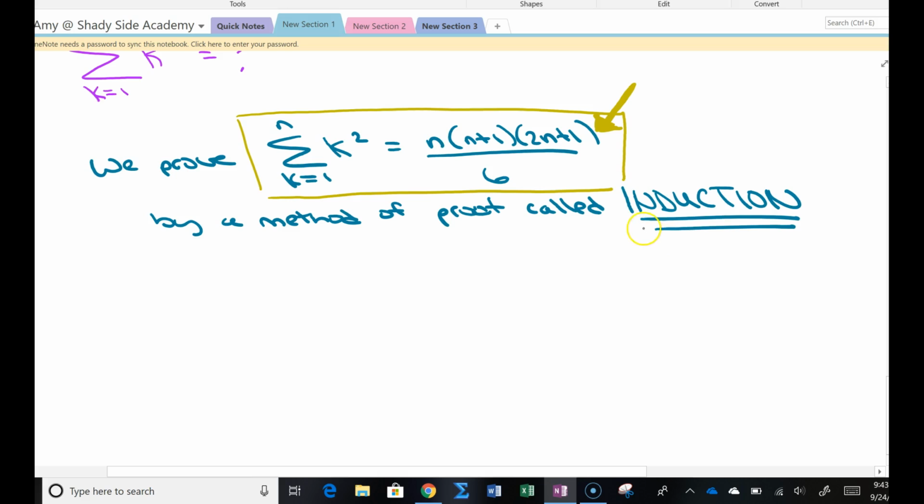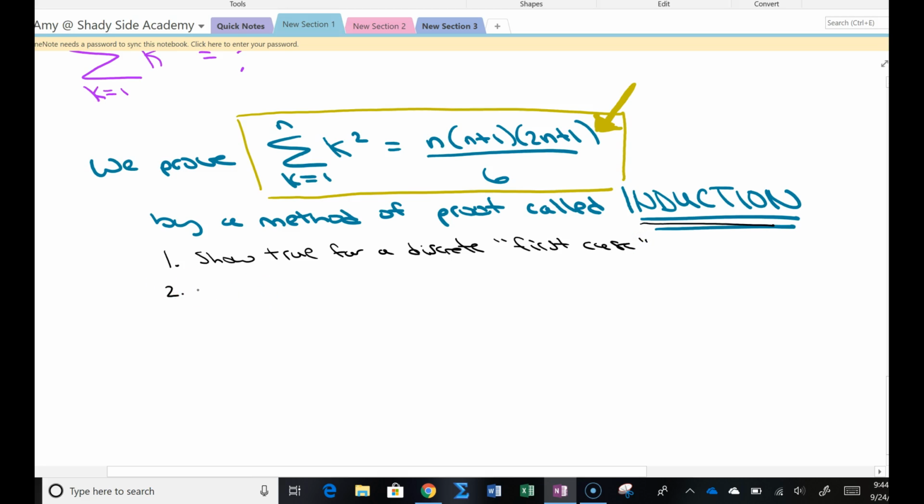Induction is a method of proof, it's called a lemma actually, but okay. Induction is a method of proof whereby 3 steps have to be followed. You show that it's true for a discrete, in quotes, first case.